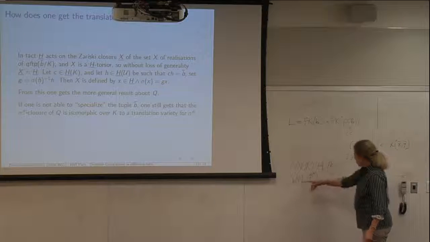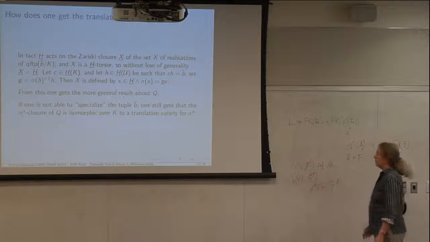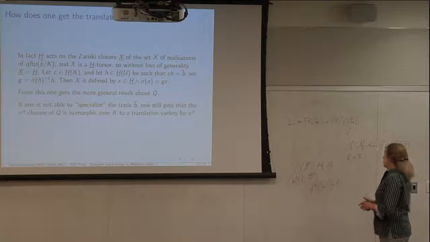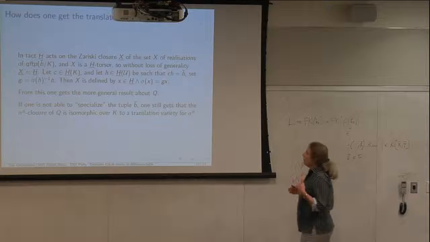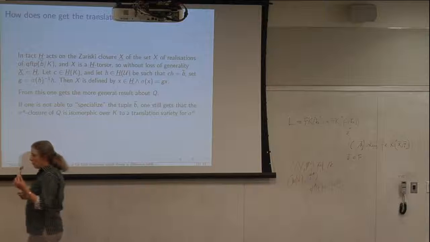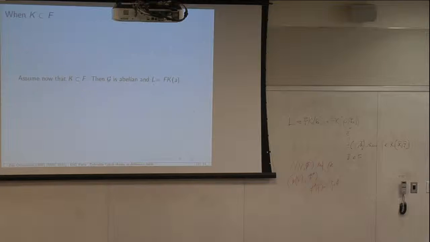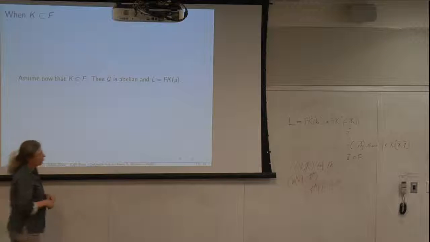So you notice also that the phi star is the identity over K. So in other words, I'm looking at an A over a field which is fixed by sigma.